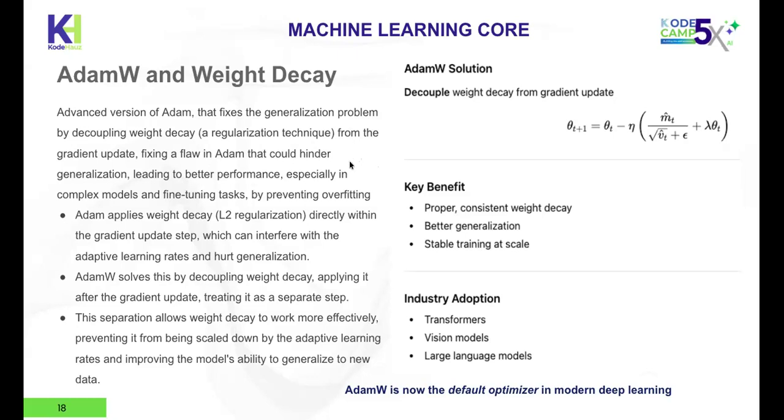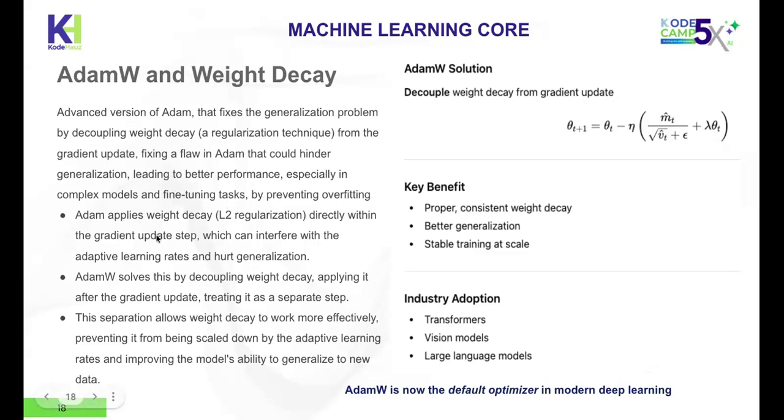So there's a flaw in Adam. I'm not going to go into details on this one, but there's a flaw in Adam where the weight decay is coupled into the whole updates formula, right? So what we do with AdamW is to decouple that so that it leads to better performance, okay? Especially in complex models and fine-tuning tasks by preventing overfitting.